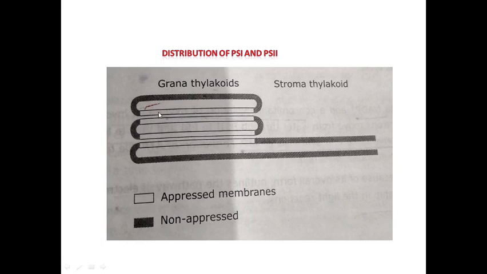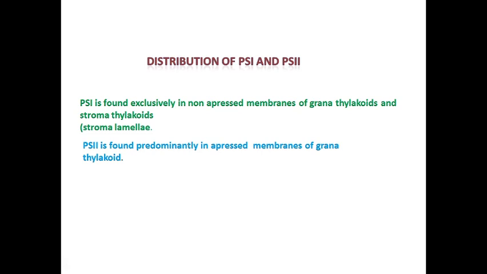And here the light regions, which are stacked upon one another, are slightly pressed together, and these are called appressed membranes or appressed thylakoids. The light regions are the appressed membranes. So this point was made to be clear for the distribution.